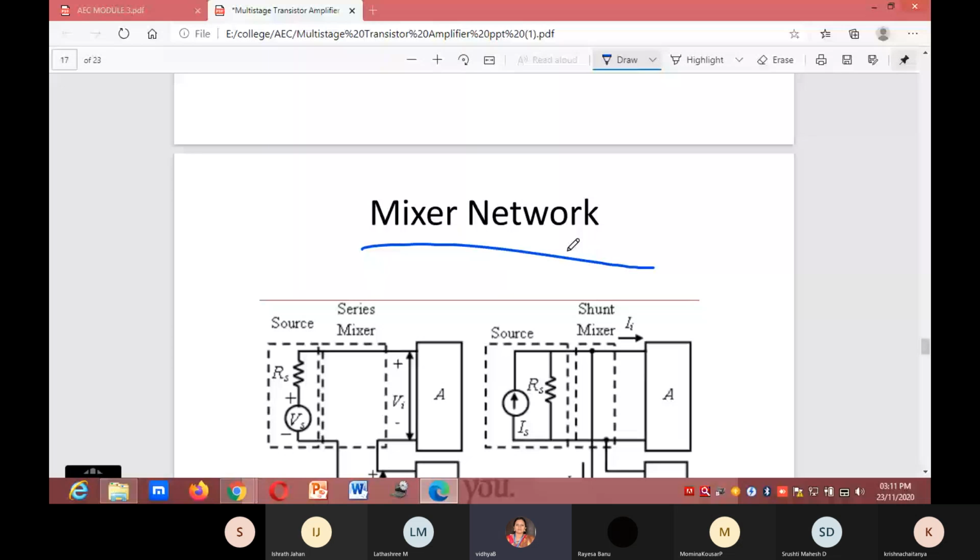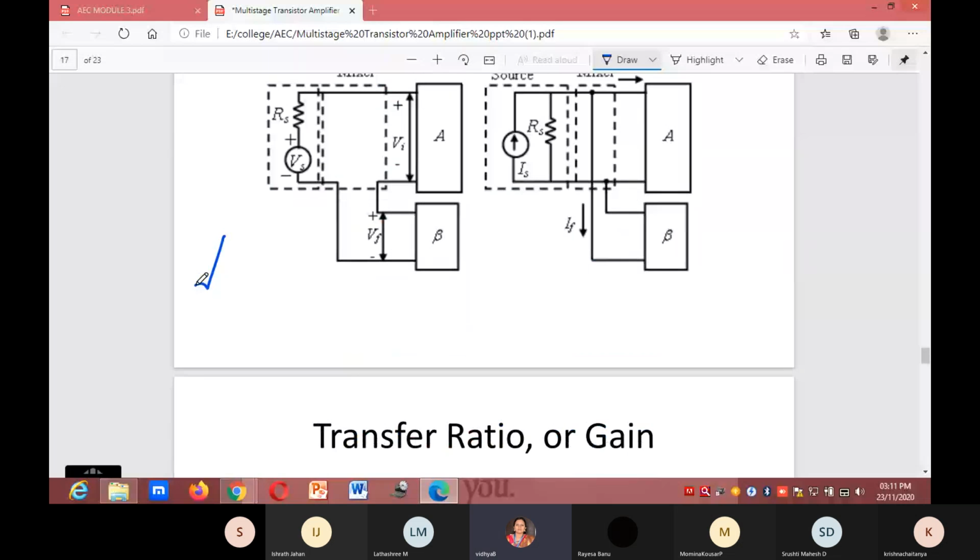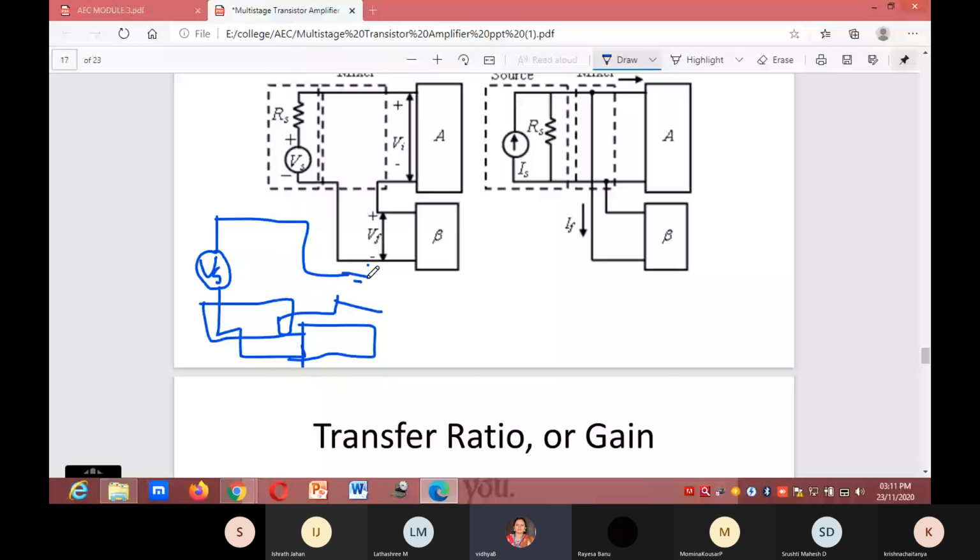You can observe the connection here. This is Vs, and this is the feedback. From here it is connected to some other equipment, you can think of an amplifier here.